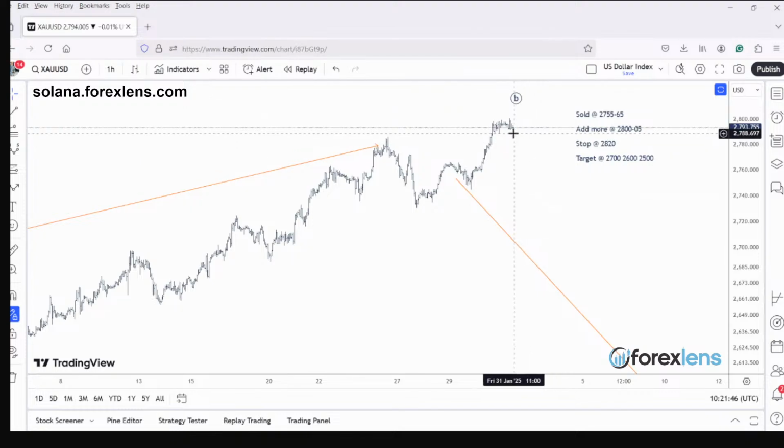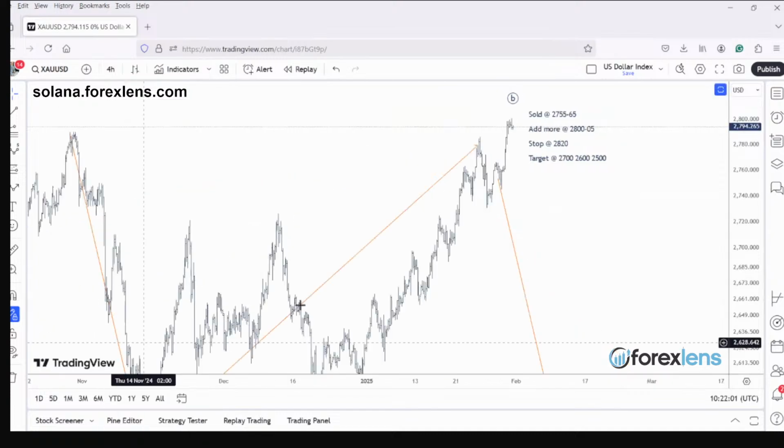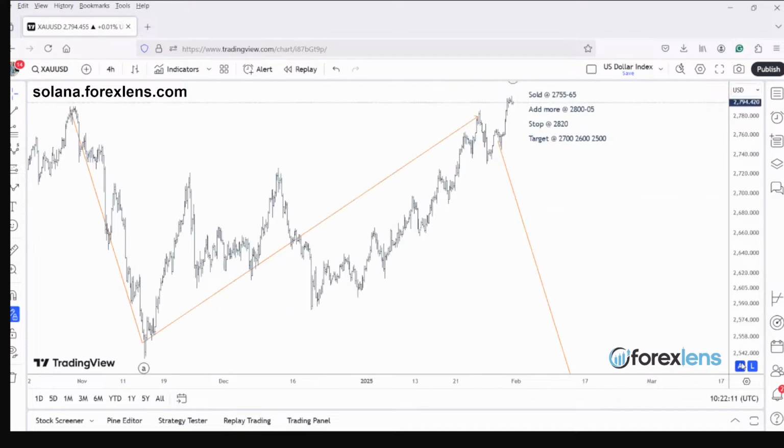I'm not saying it's not possible for gold to print another high, but most of the time, when such hype is created around an instrument with respect to the price and where it is heading next, that's one of the most common places where it reverses, and it reverses very sharply, not giving a chance for anyone to even take some action, and then you're stuck.